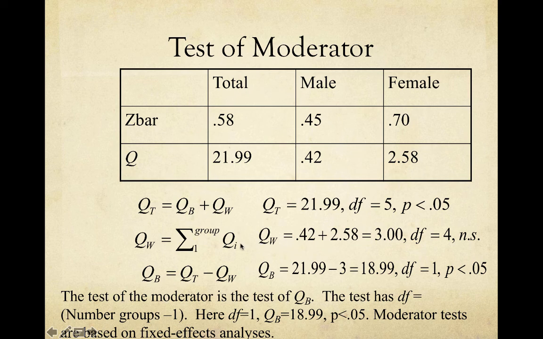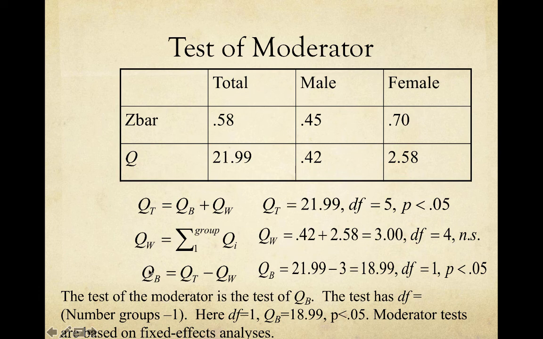Well, we know what we got for within. That is 0.42 plus 2.58, and that gives us a whopping value of 3. So our between is what we get when we take the total and subtract the within. We got 21.99, we subtract the 3, we're left with 18.99, and that's a nice big value with 1 degree of freedom.